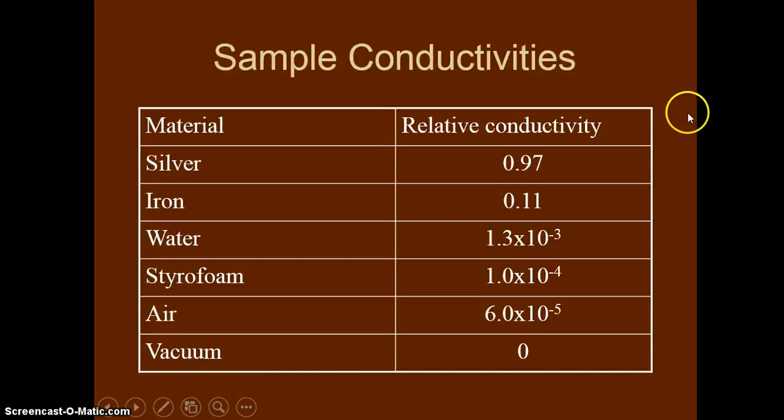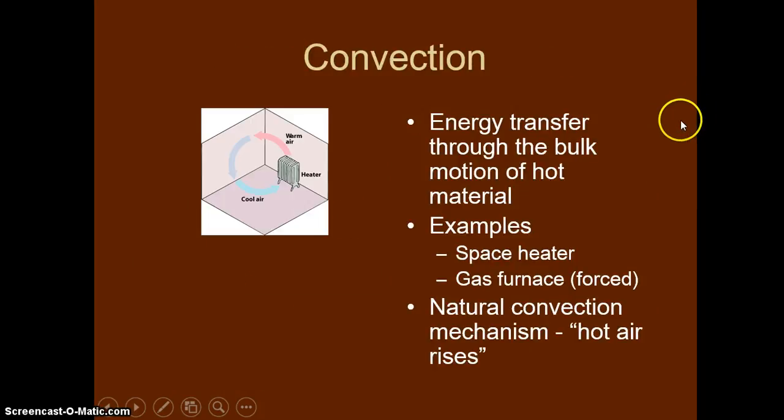Convection. Let's get to convection. Convection is when the material is physically moving from one location to another.